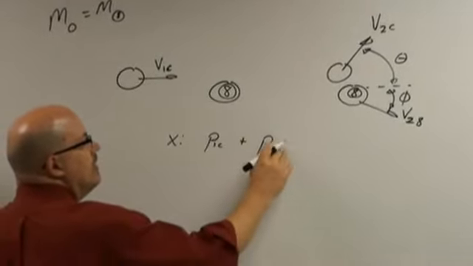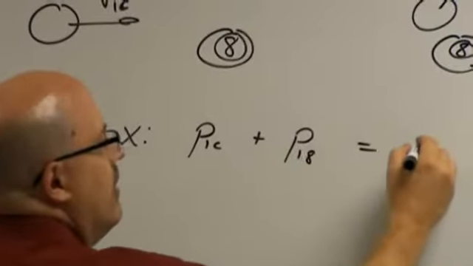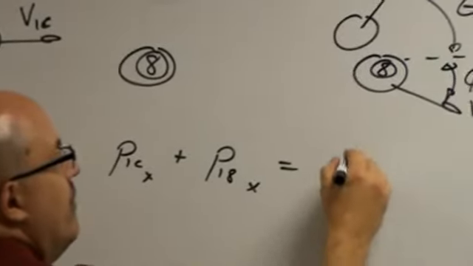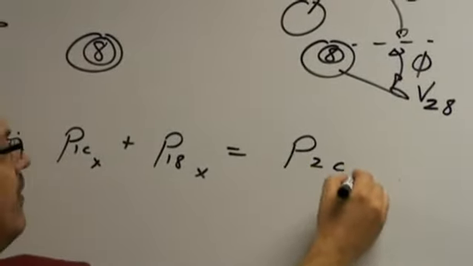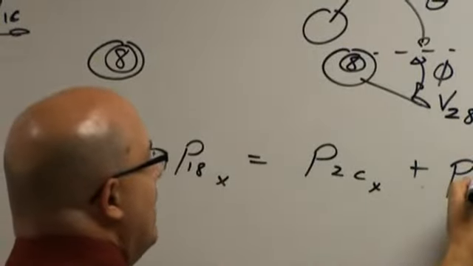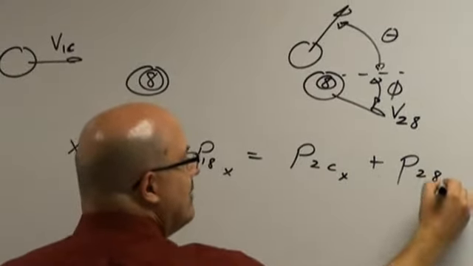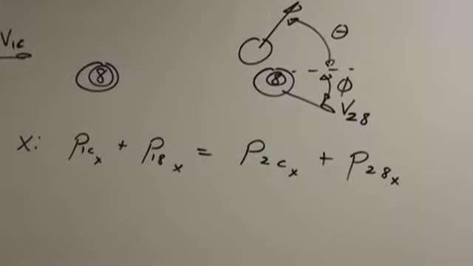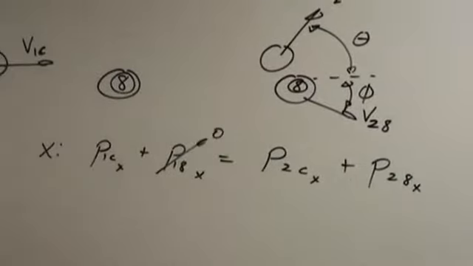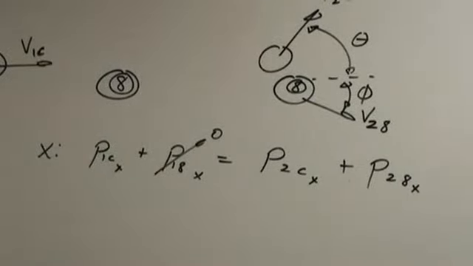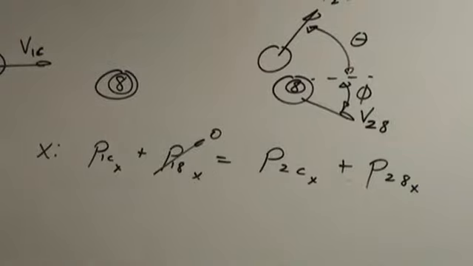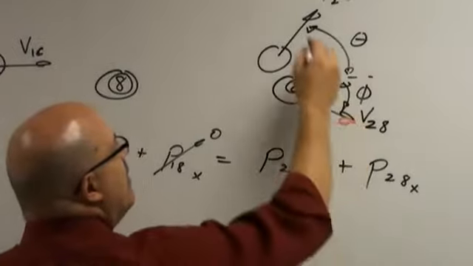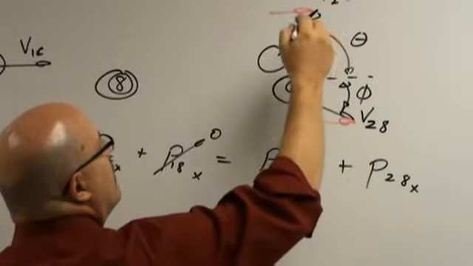Must equal, in the x direction, the momentum afterwards of the cue ball in the x direction plus the momentum of the 8 ball afterwards in the x direction. Yikes, that looks really complicated. But wait, this one's 0. Correct? Okay. So we know that this x momentum here and this x momentum here add up.